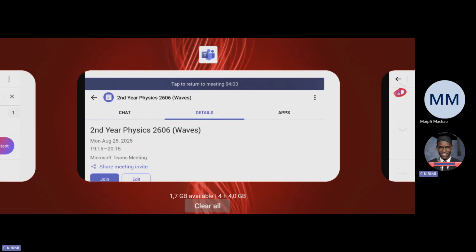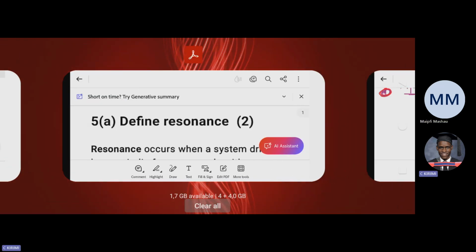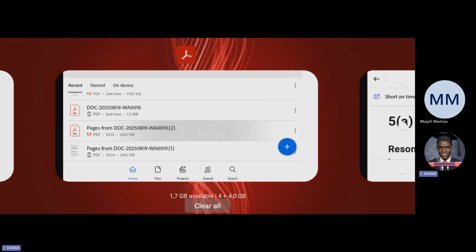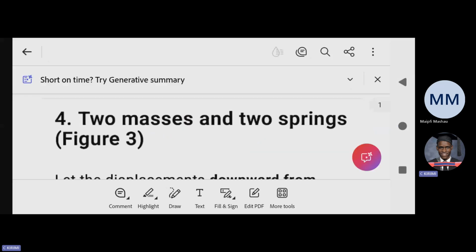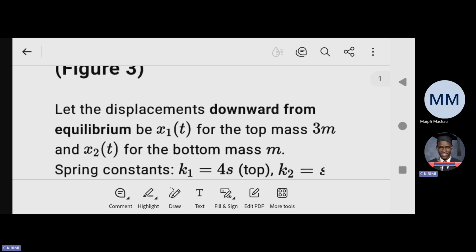So let's analyze the question to see what we are expected to do.